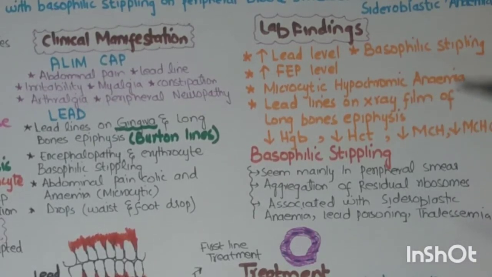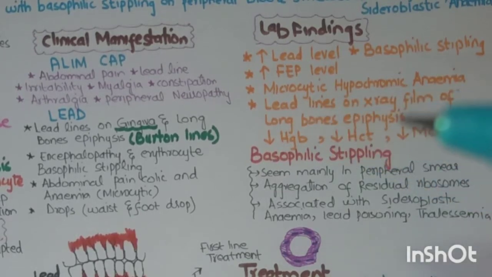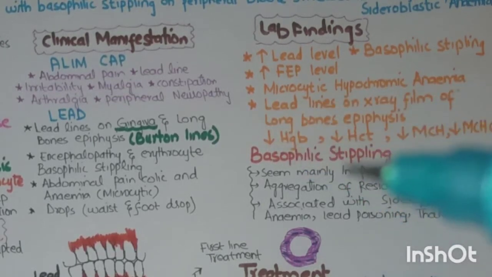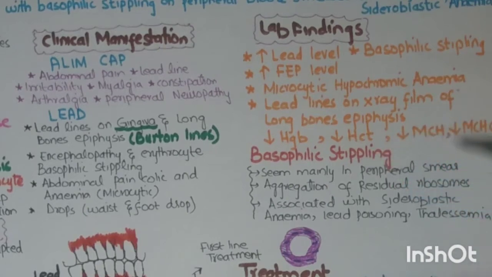Anemia means decreased RBC and decreased oxygen carrying capacity of the blood. Lead lines on the X-ray film of the long bone epiphysis, as you have seen in the diagram, decreased hemoglobin, decreased hematocrit, decreased MCH, mean corpuscular hemoglobin, and the MCHC, mean corpuscular hemoglobin concentration, is also decreased.